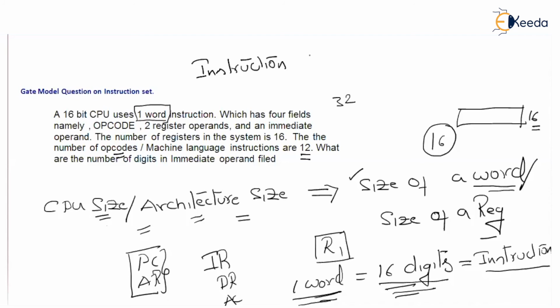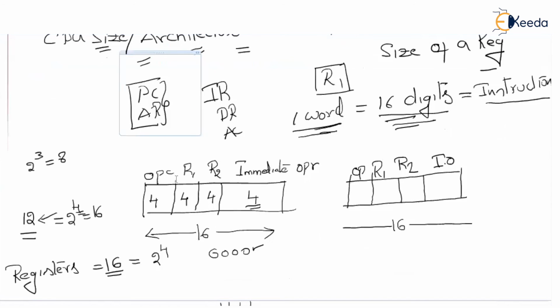The instruction set is equal to 12. Whether you call it an instruction set, an opcode, or machine language instructions, all are one and the same. Both refer to the opcodes.